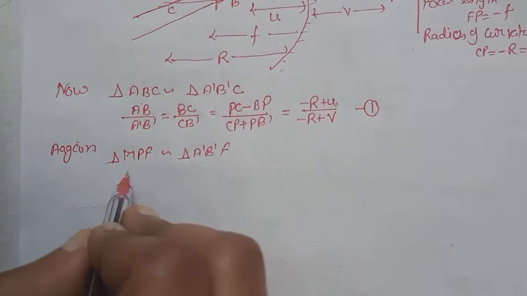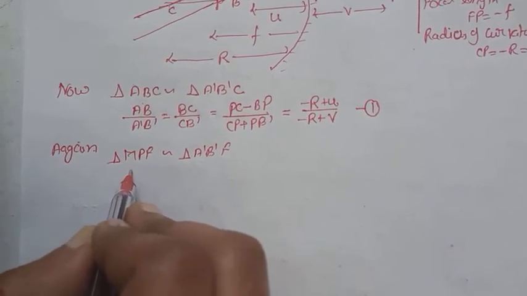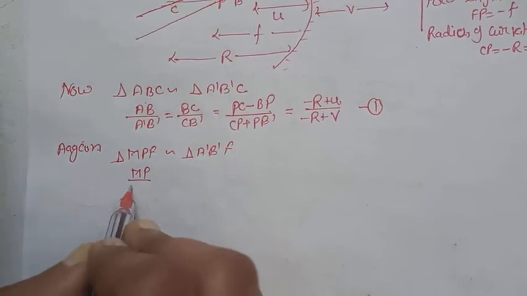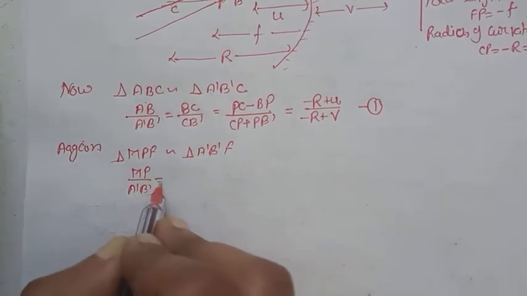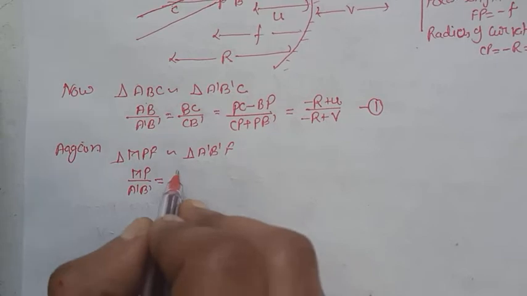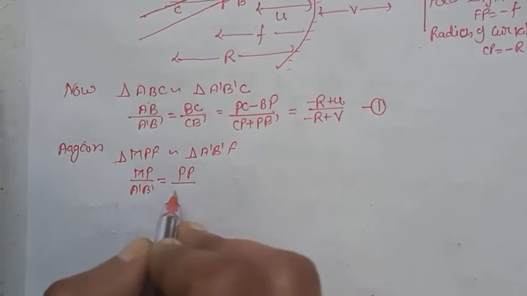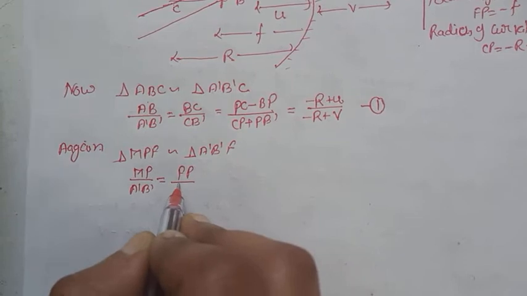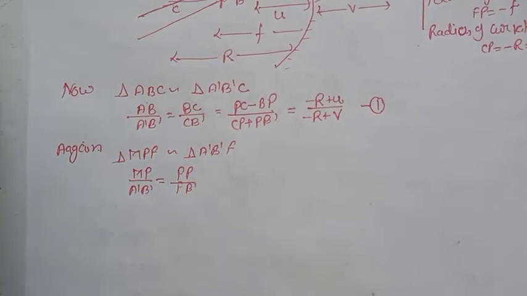This one is object distance, it is considered as MP divided by image height A dash B dash, and base FP divided by F B dash.